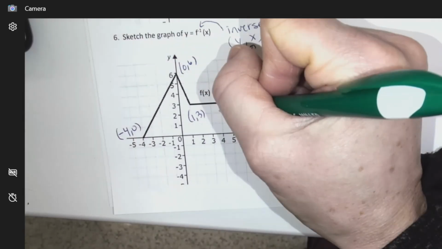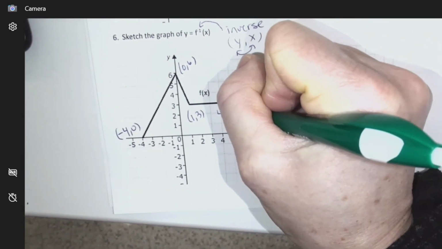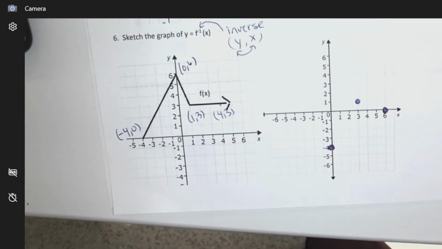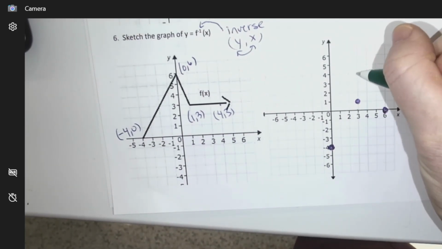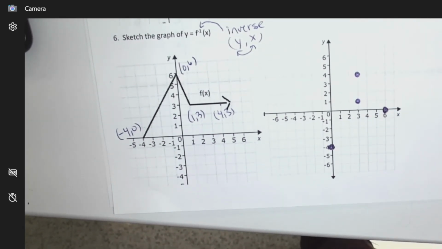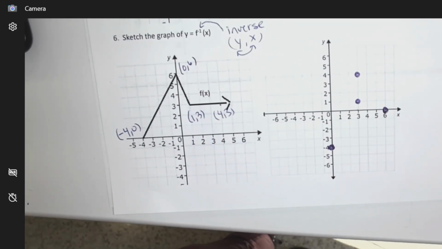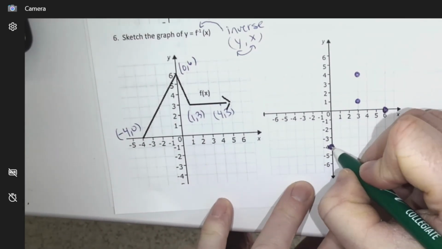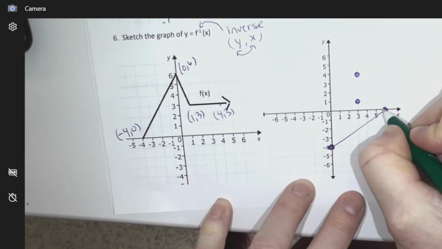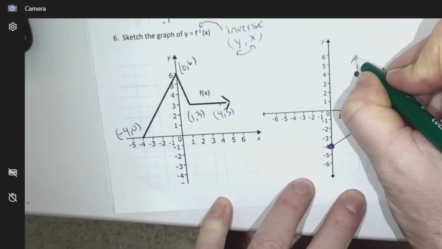I'm going to go with this 4, 3 would become 3, 4. So do you understand how to connect it, where to put this one arrow that's on? So there's a triangle part and a flat part with an arrow.